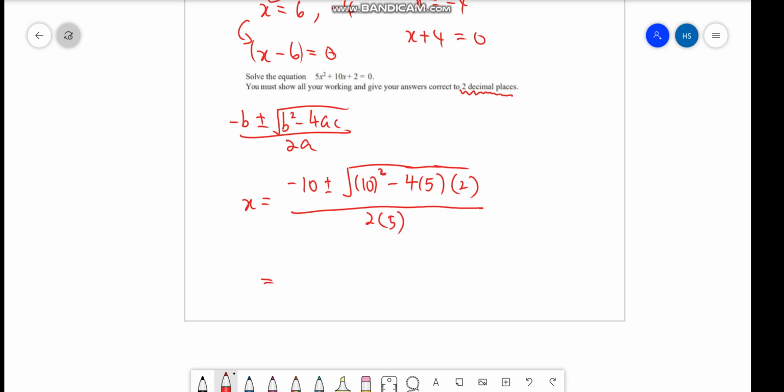Then you simplify this, so 10 squared minus 4 times 5 times 2. So it becomes -10 plus minus square root 60 over 10.